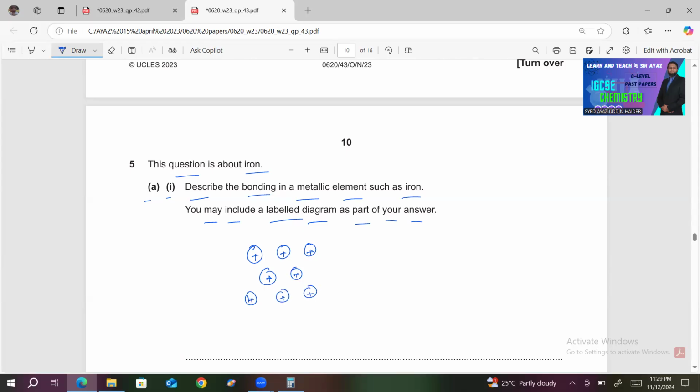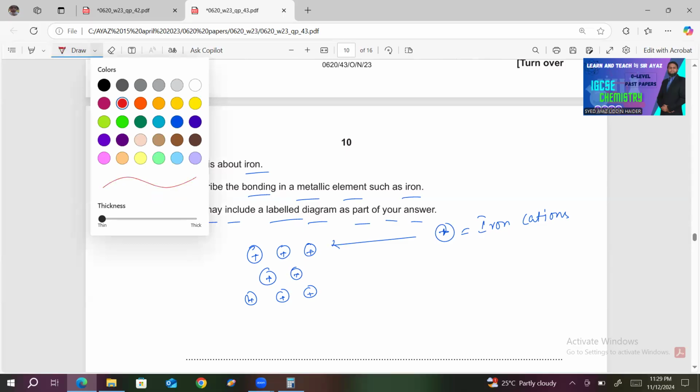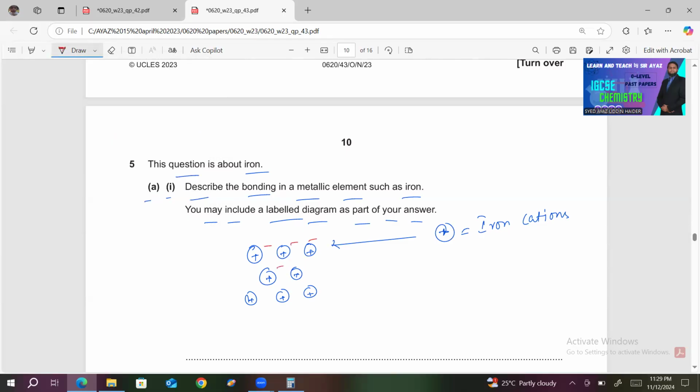These are the iron cations. Now, free moving electrons, I am using a dashed red line. These are the mobile or delocalized electrons.